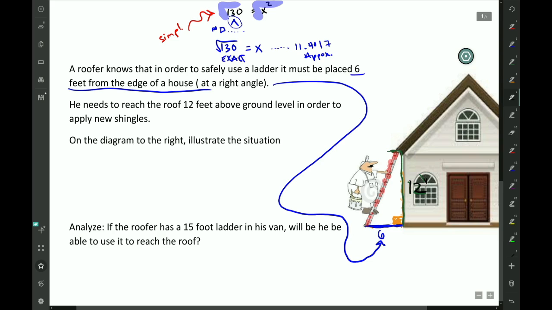And basically, you have A, B, and C. Okay, so 6 squared plus 12 squared equals the ladder squared, or C squared. 36 plus 144 is equal to C squared. 36 plus 144, bada bing, 180 equals C squared.